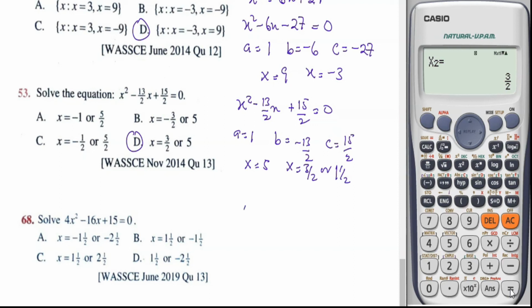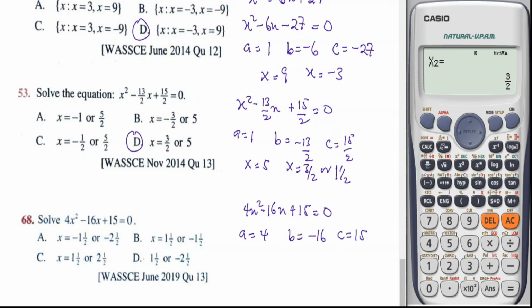It's already in the standard form, so 4x squared minus 16x plus 15 equal to 0. A value is 4, B value is negative 16, and then C value equal to 15.